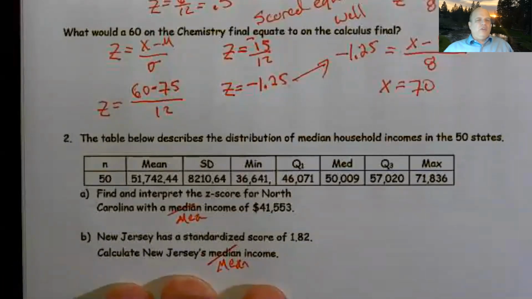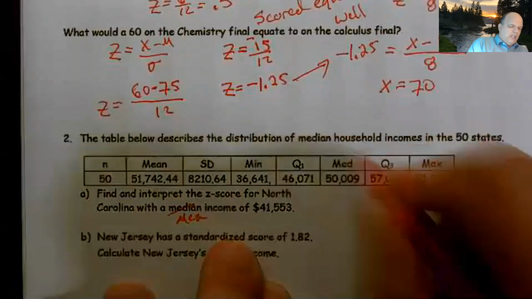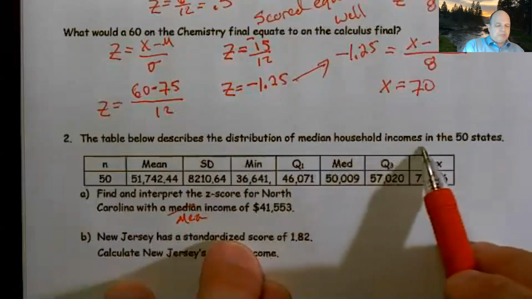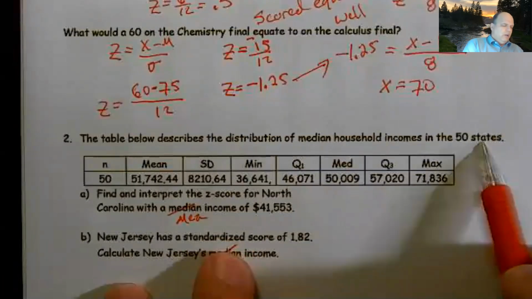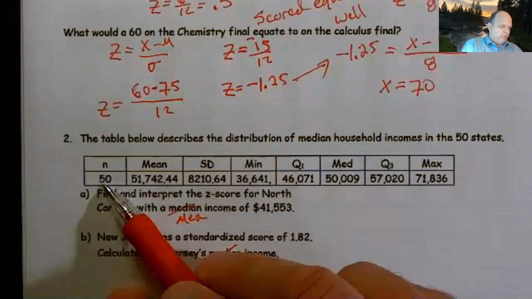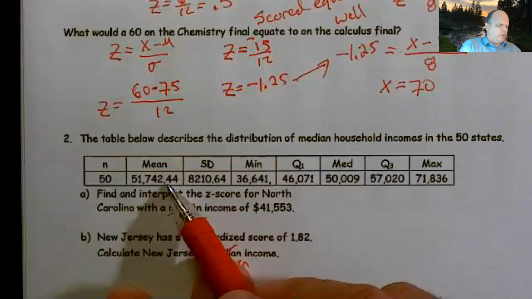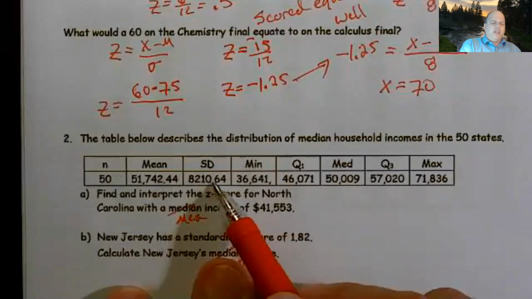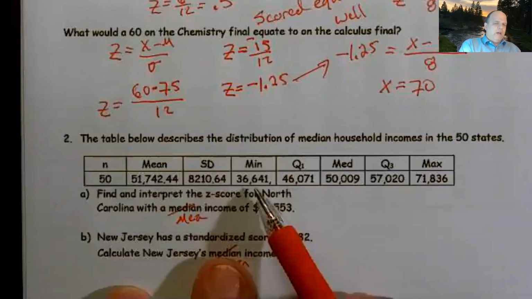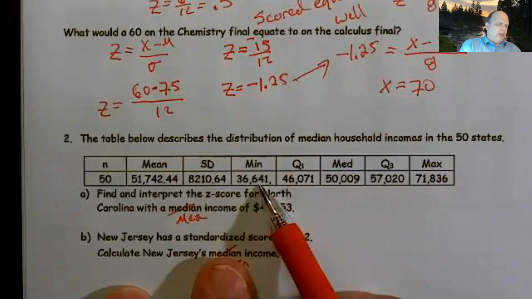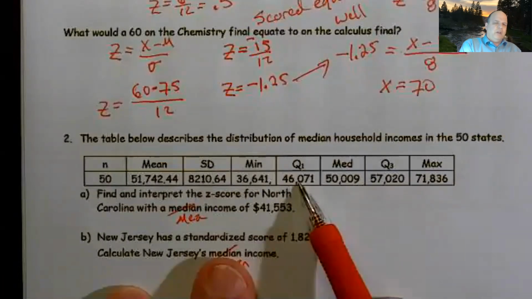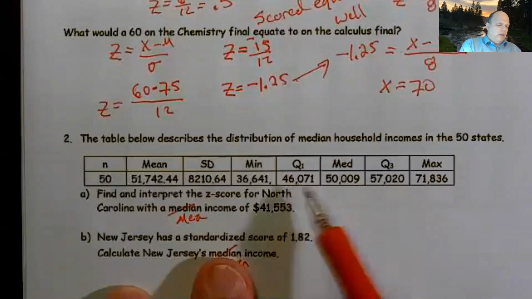So the table below describes the distribution of median income and mean income in the 50 states. So we find out that we have 50 states. The average income is 51,742. The standard deviation is 8,210. We have a minimum of 36,000. 25% is below 46,000.